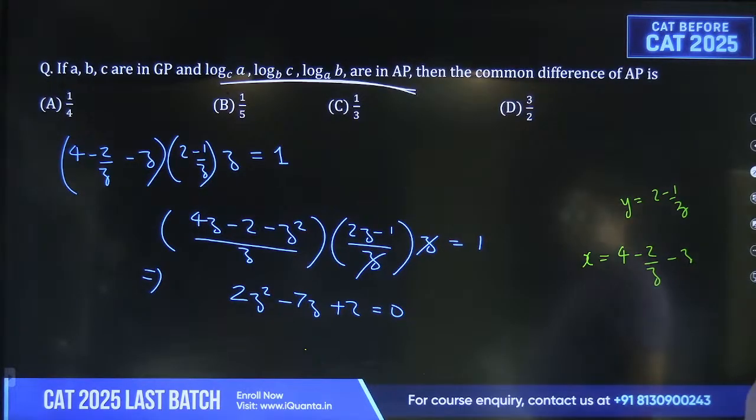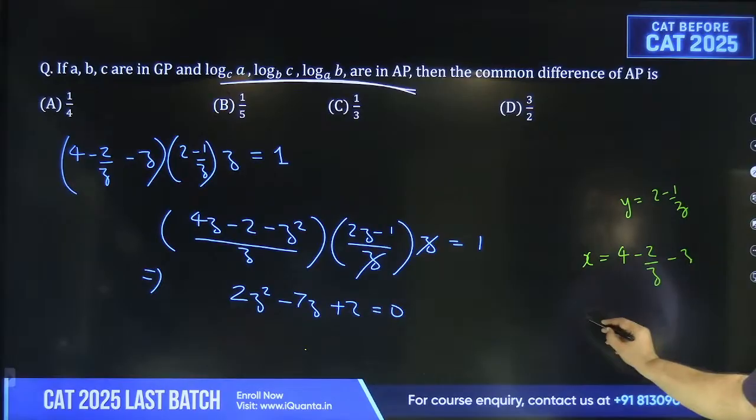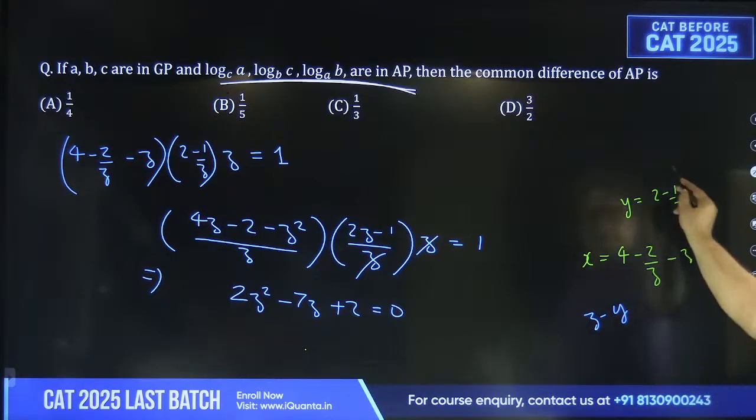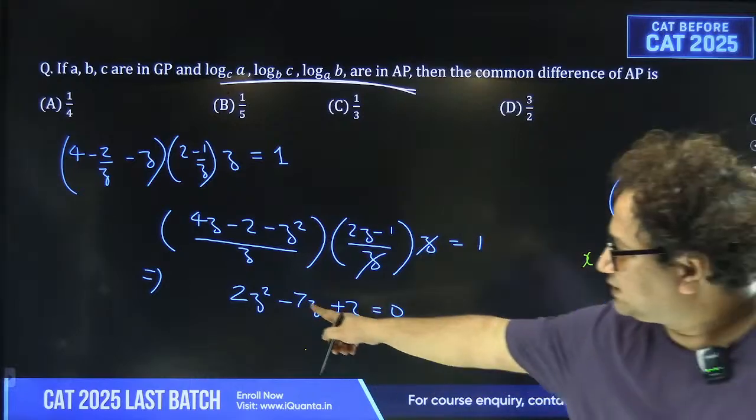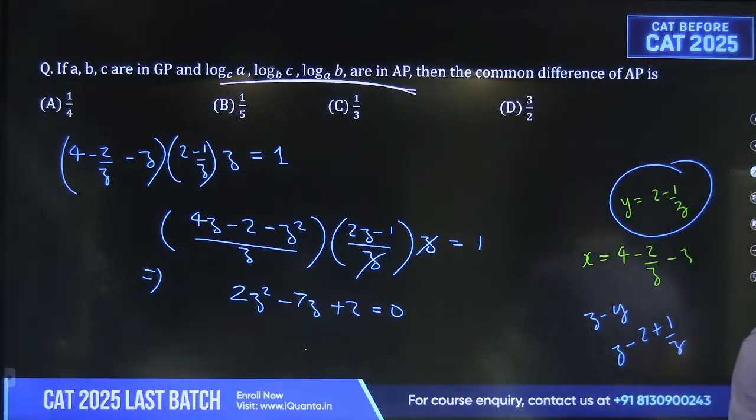And what do we have to find? We have to find the common difference. I can find z minus y. So y is this. So z minus 2 plus 1 by z is what I need to find out. z square आया तो 2z square ये रहा. वो कॉमन निकल जाएगा निकेत और वो z 0 हो जाएगा, which is not possible.